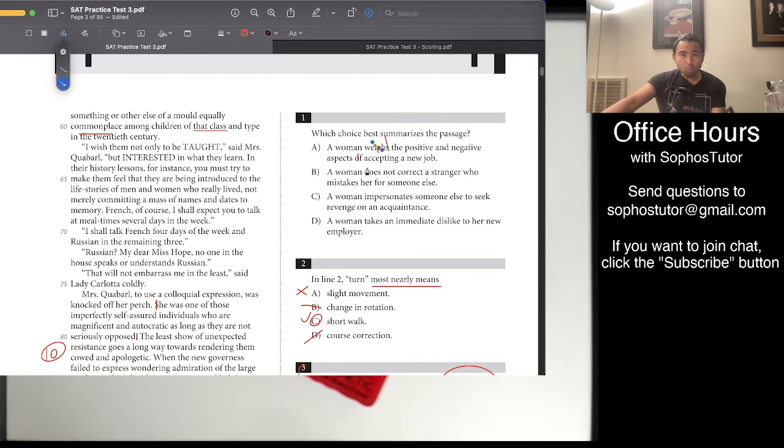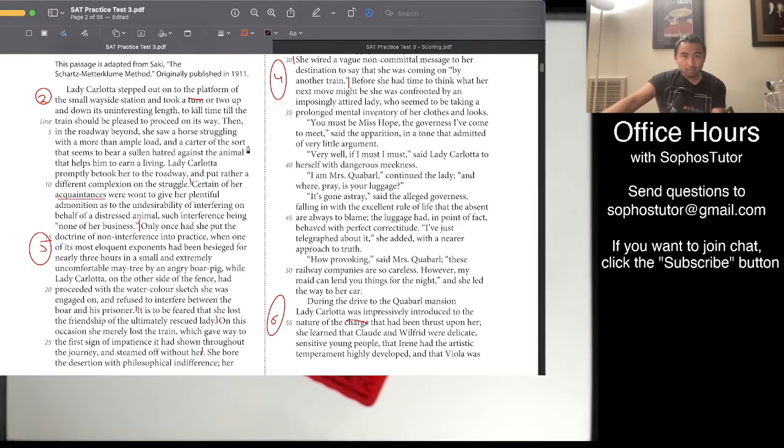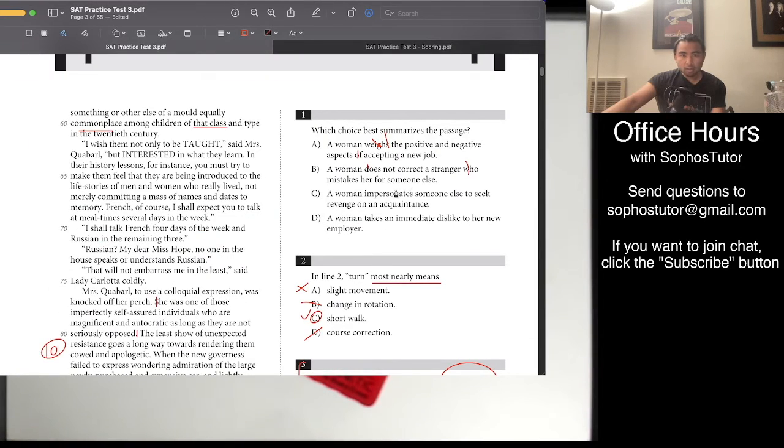Okay. A woman does not correct a stranger. That seems true because Mrs. Quabarl thinks that Lady Carlota is someone else. Right? If we go back, she thinks that she's Miss Hope, who mistakes her for someone else. That seems pretty simple. I can't see anything wrong with that.